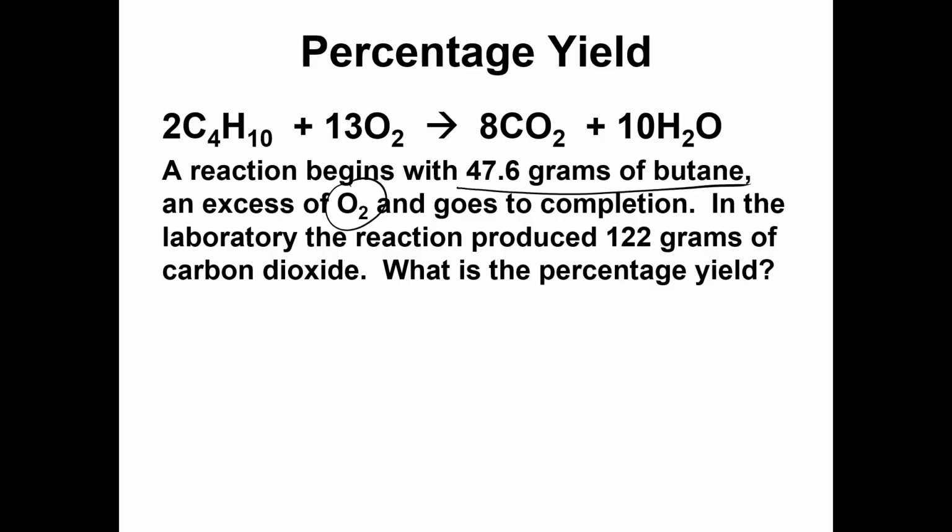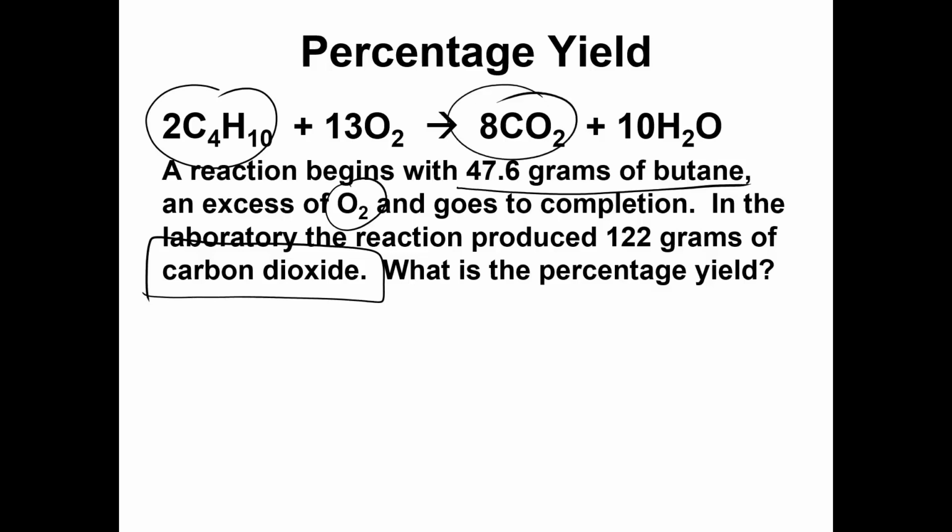We're only given one reagent, so I set up my equation based on the 47 grams of butane. In the laboratory, the reaction produced 122 grams of carbon dioxide. That's our product. So my first step is going from grams of butane to grams of carbon dioxide, just like we did before.